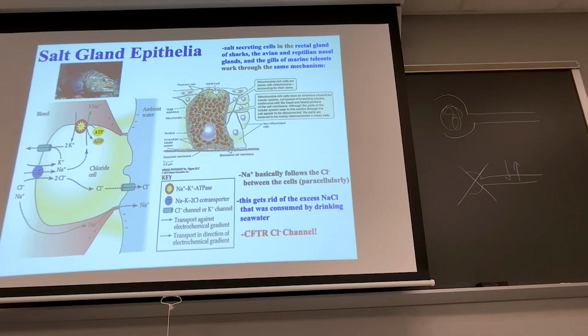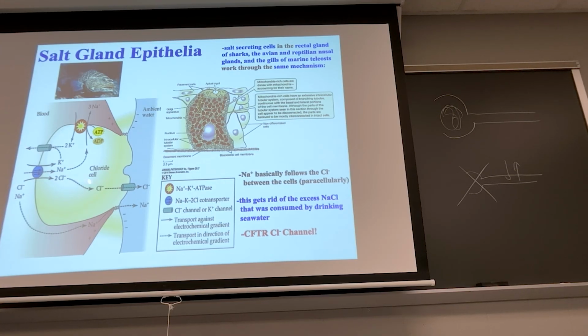Okay. Now, their epithelium is set up just slightly different in the sense that these mitochondria-rich or chloride cells are kind of pushed deep into the pavement cells and pushed against the blood vessel.